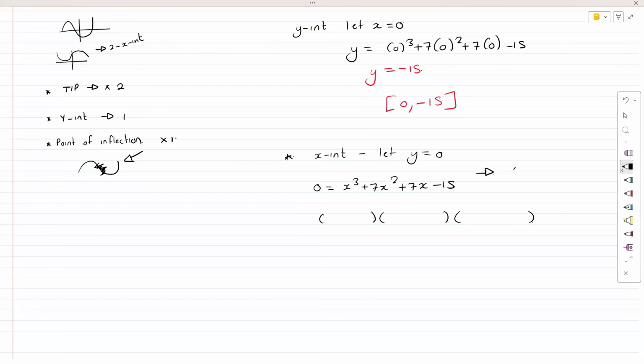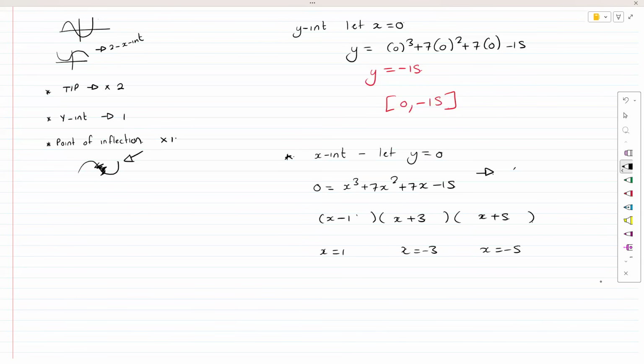You can press mode, equation, 4, enter your 4 values, press equal, and we would end up with x minus 1, x plus 3, and x plus 5. Your answers would be x equals positive 1, x equals minus 3, and x equals minus 5.